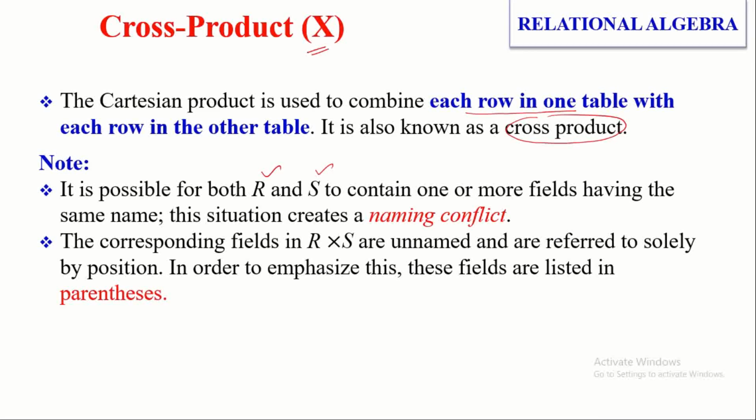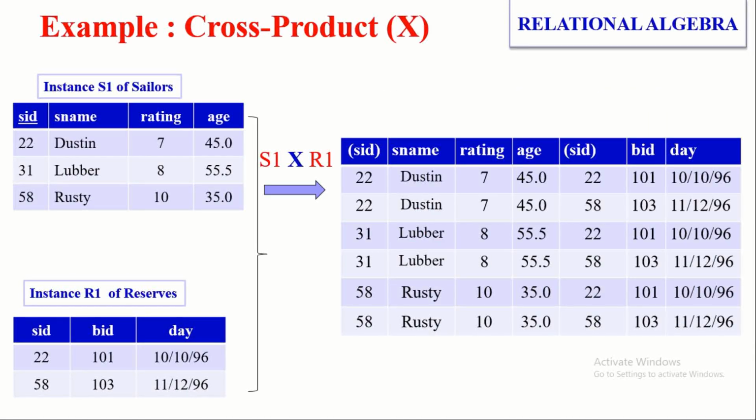Okay, so in order to avoid the naming conflict, the fields which are having the same name can be unnamed and can be solely referred to by their position. So in order to emphasize that the fields have a naming conflict, those fields can be represented within parentheses.